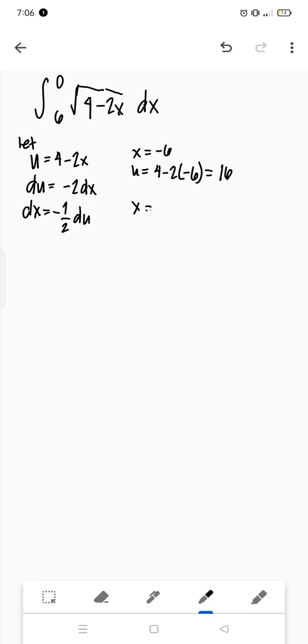And for x equal to 0, you get u equal to 4 minus 2 times 0, which is equal to 4. So here's our answer.